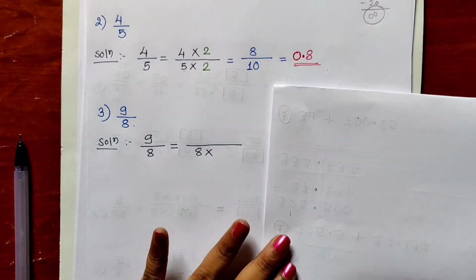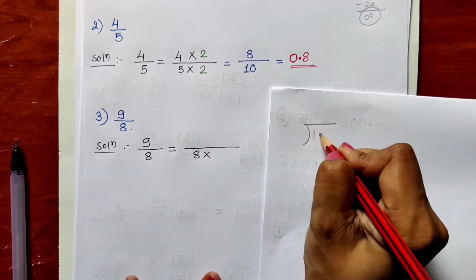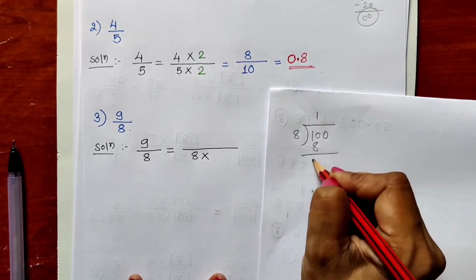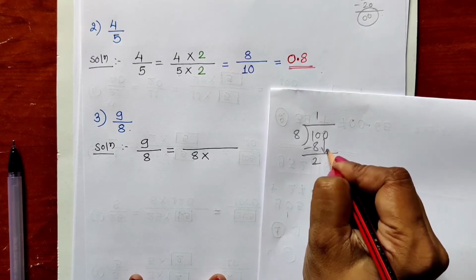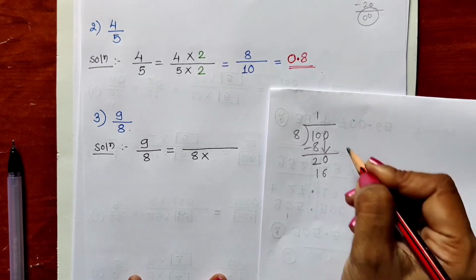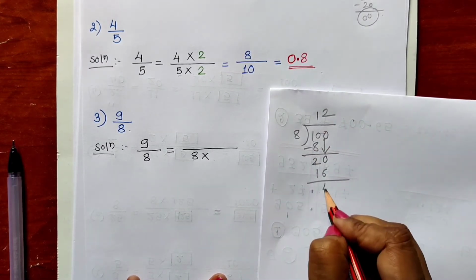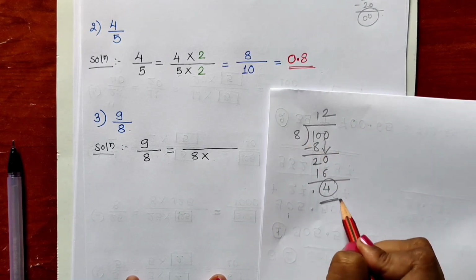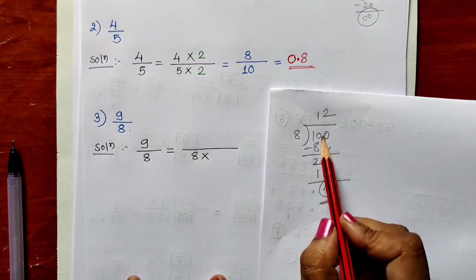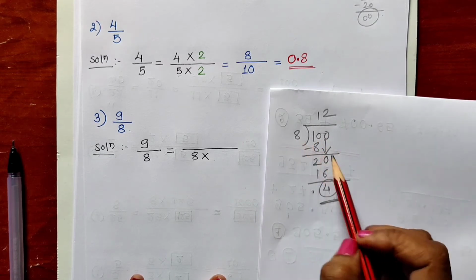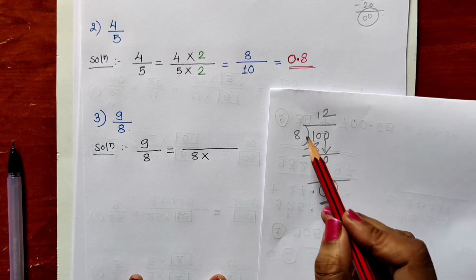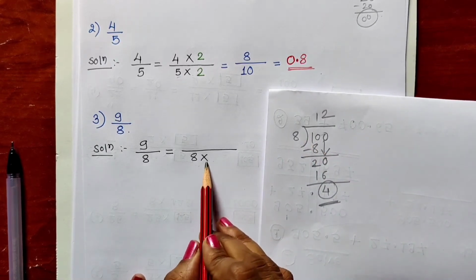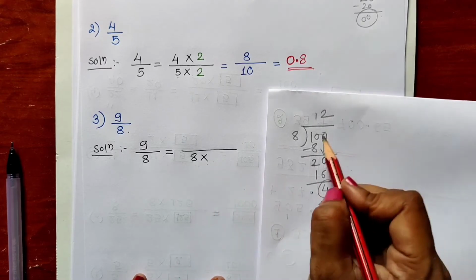Here I will show you on another page. 100 divided by 8. 8 1s are 8, 2 remaining. This 0 we put down. 8 2s are 16, 4 remaining. 4 is smaller than 8, so we are not getting remainder 0. That means we cannot divide 100 by 8 completely. So we are not able to find a number by which if you multiply 8, the answer is 100.